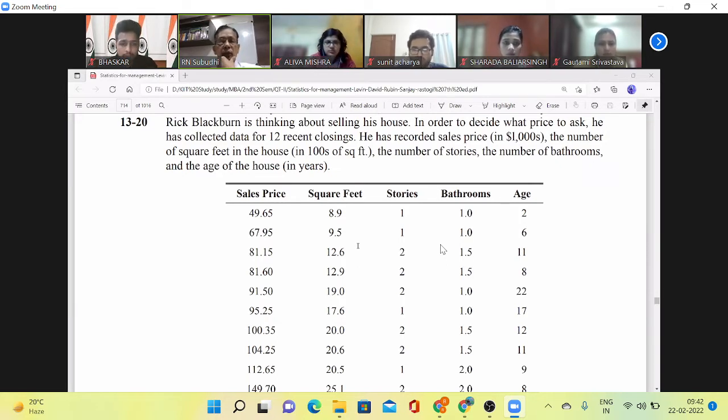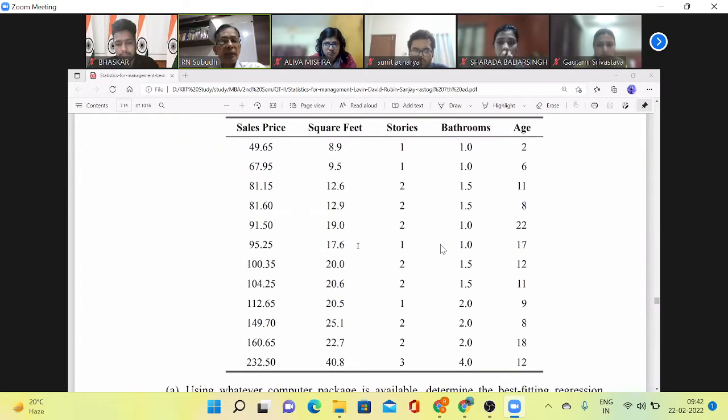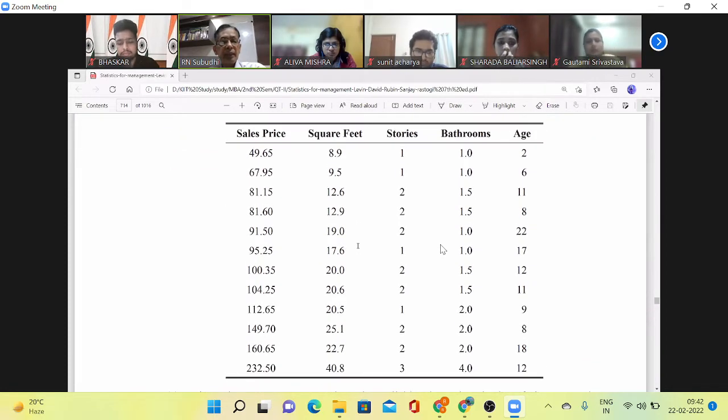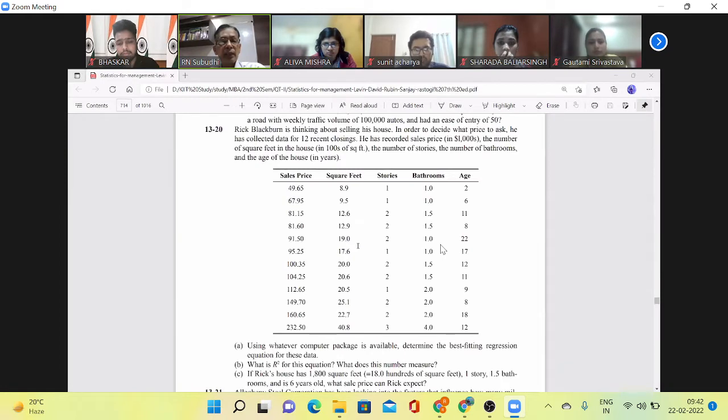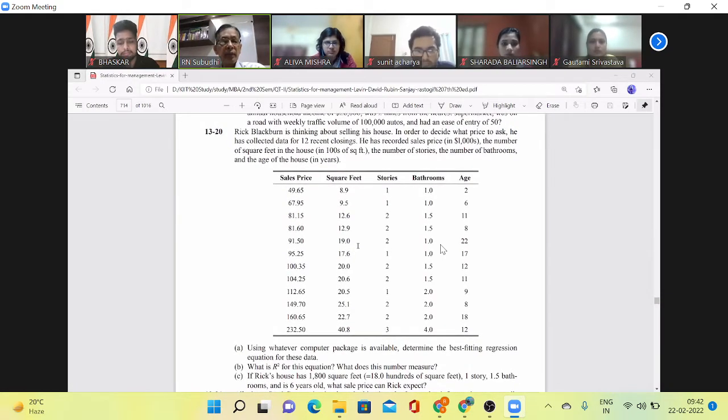Aliva, there are a couple of rows left. There is more below also, minimize a bit and try to show the entire question. Right, thank you. That's much better. So now take a screenshot and share. We will be solving and discussing this after a while. 13.20. Okay, stop sharing.